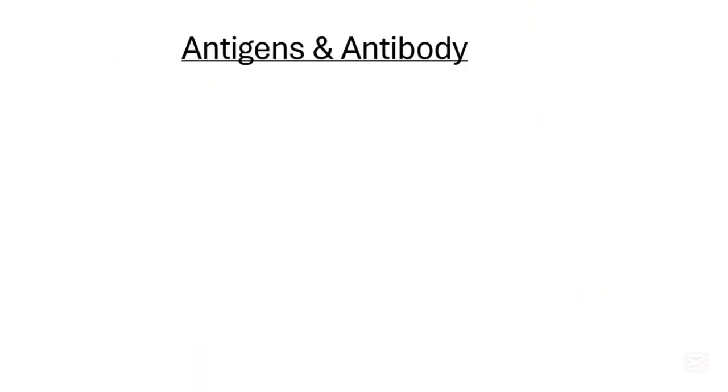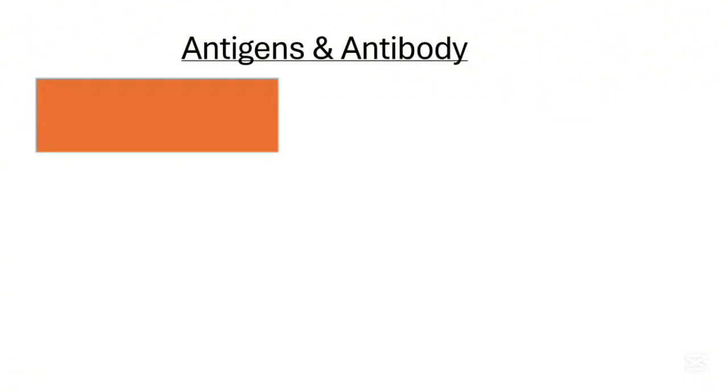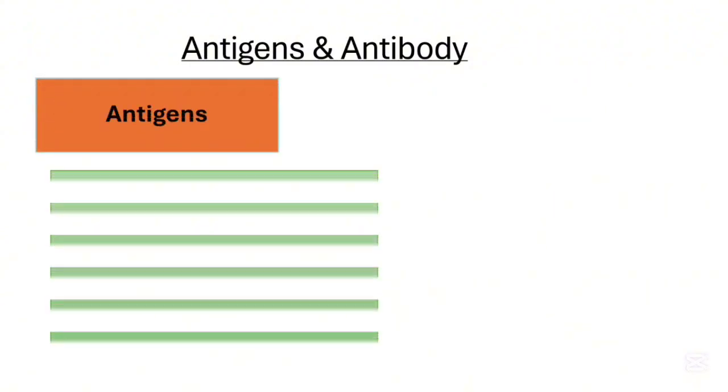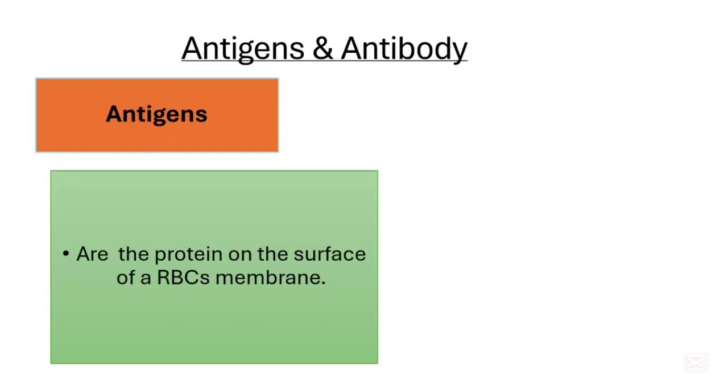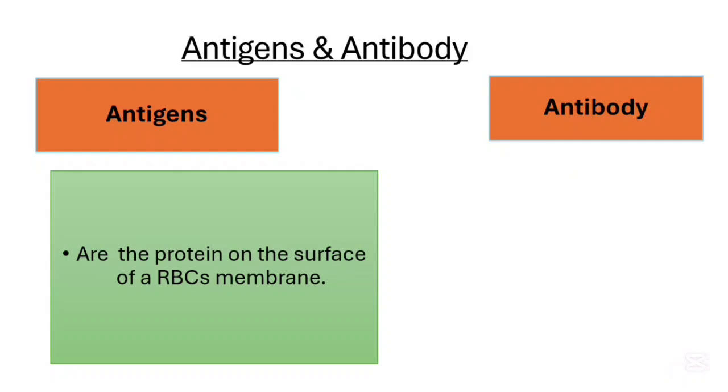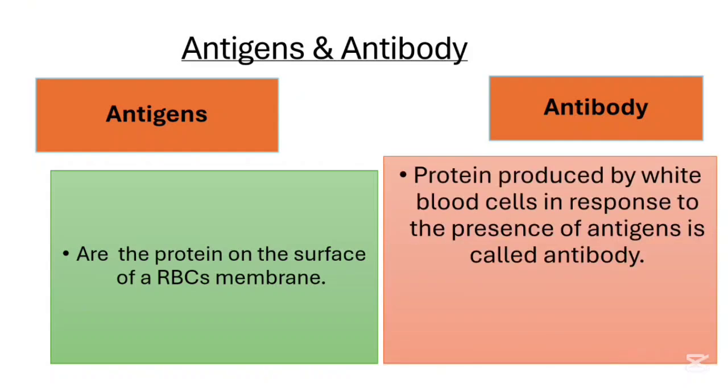So we have antigens and antibodies. Firstly, antigens. Antigens are proteins on the surface of a red blood cell's membrane. We have two types of antigens, antigen A and antigen B. And antibody means the protein produced by white blood cells in response to the presence of antigens.